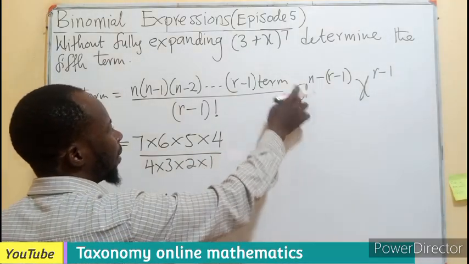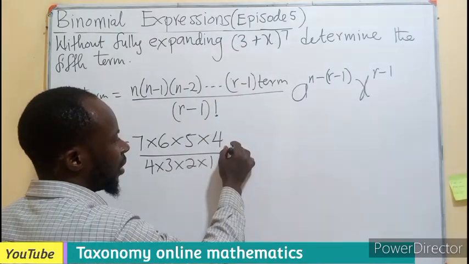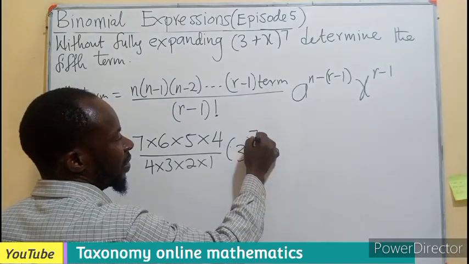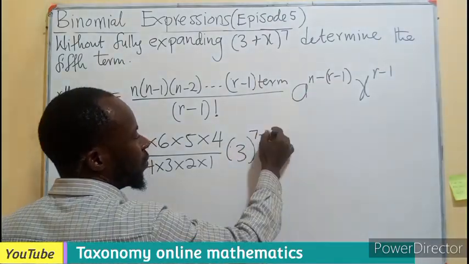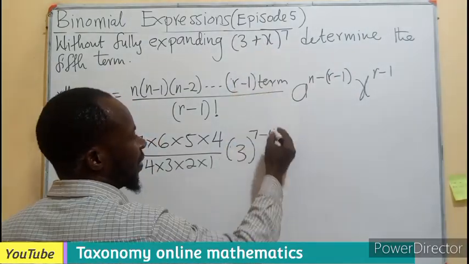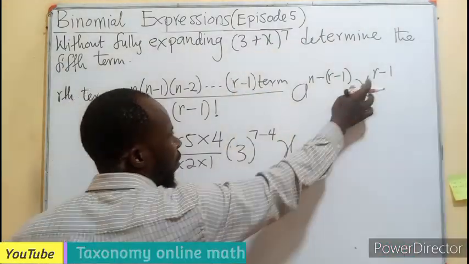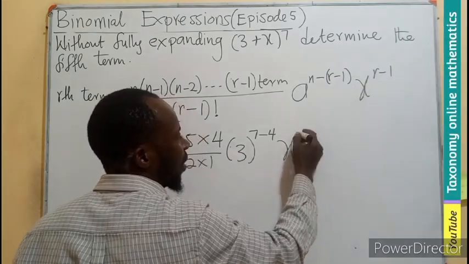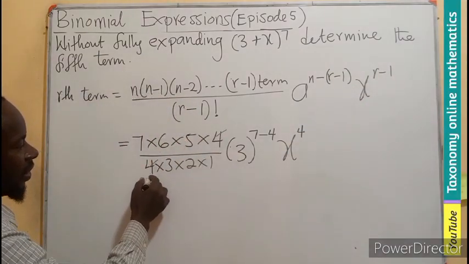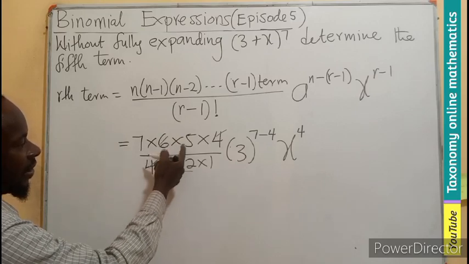Then our a in this case is going to be 3 exponent n minus (r minus 1), which is 7 minus 4. Don't forget this is 5 minus 1. Then your x will have the power of 5 minus 1, which is 4. I believe this will cancel this, this is 6, cancelling this.